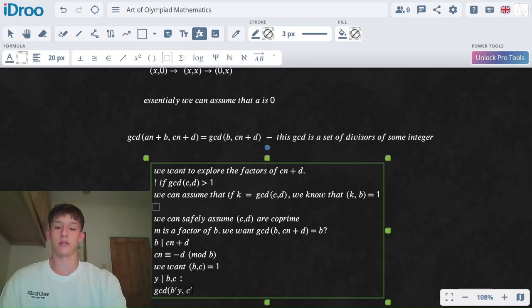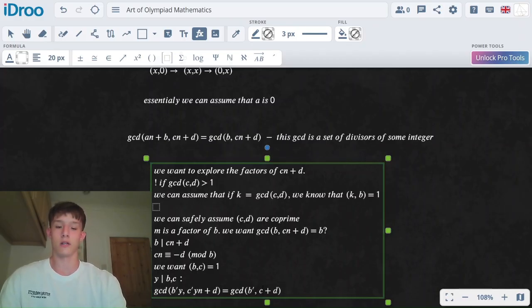Since D is coprime with y, this is the same as the GCD of B prime y and C prime y n plus D.